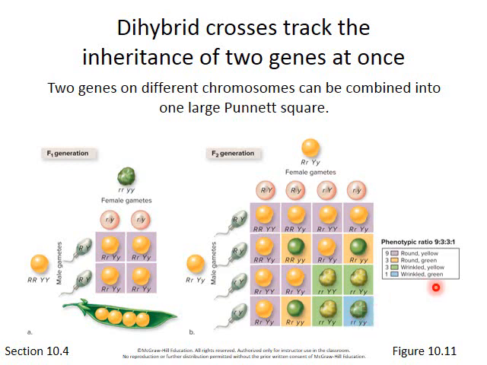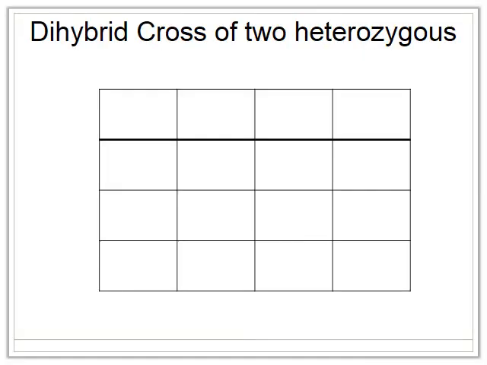Now, your phenotypes are going to be written this way, 9 to 3 to 3 to 1, but I will show this a little bit better on the next picture. So a dihybrid cross, if I were to ask you to make one of these, which I won't, you will have to know the outcome here, but the ability to do the monohybrid cross, you will have to do that on a test.